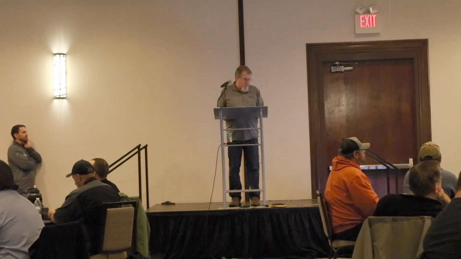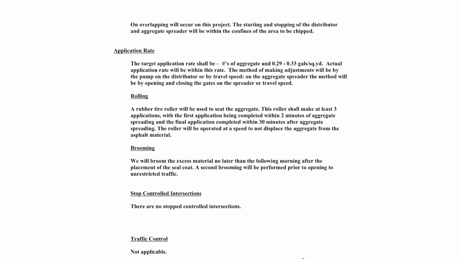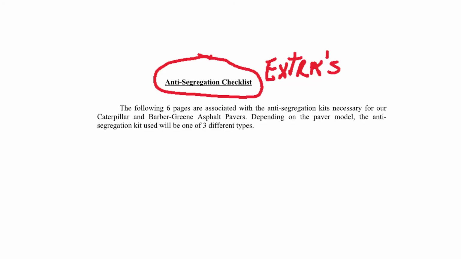And then all the rest of the document in this QCP is some extra stuff that we just like having involved in a plant. Seal codes. Just keep on scrolling, Jamie, please. The anti-segregation checklist. Some great pictures.